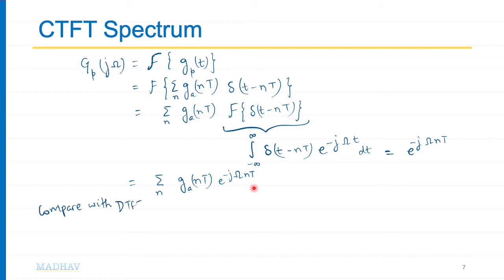Now ultimately I'm not interested in this. I'm interested in G(e^jω). So what is G(e^jω)? It is simply the sum of g[n] e^(−jωn). You already know that. Now compare these two things. What do you get?